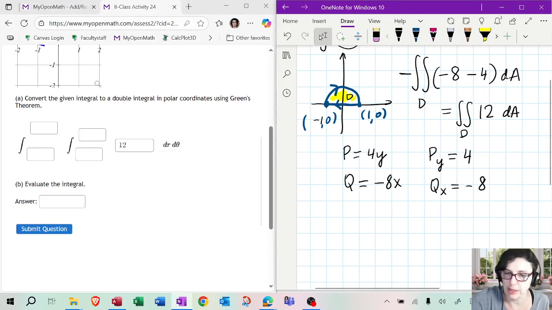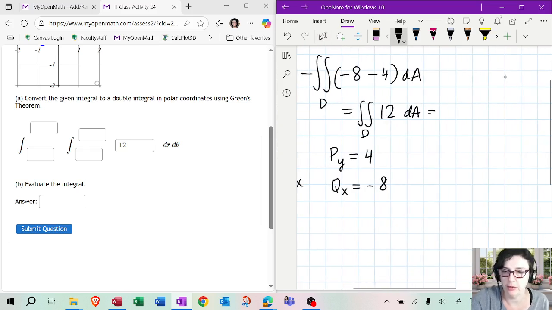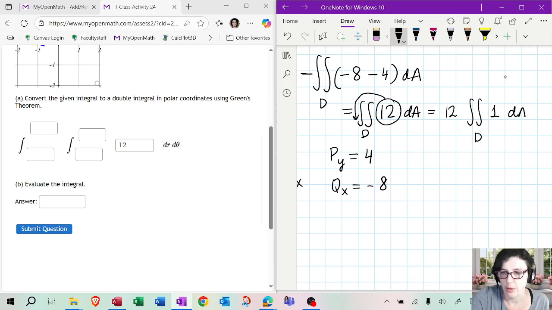Now, this is a trick that I love a lot. Whenever you're integrating a number, you can always pull the number out of the integral, and then you are just going to be integrating 1. Okay, so it's like the double integral of 1. What it is, is just the area of the region. So area of D. And in this case, D is very simple, right?